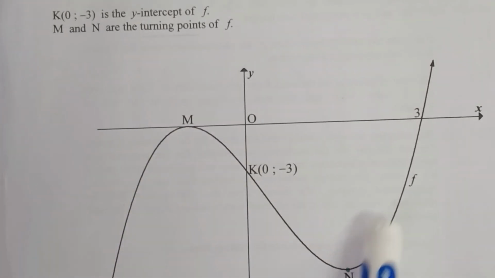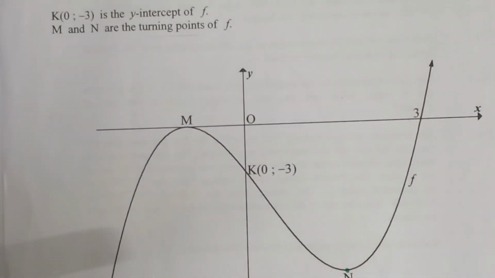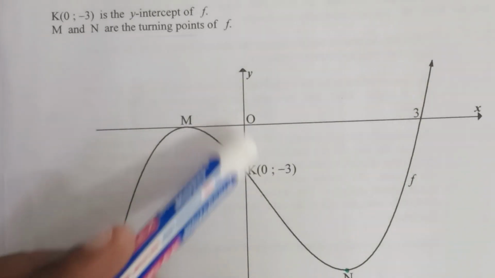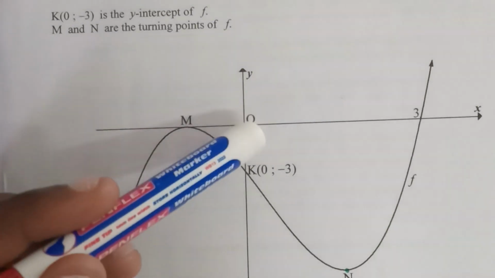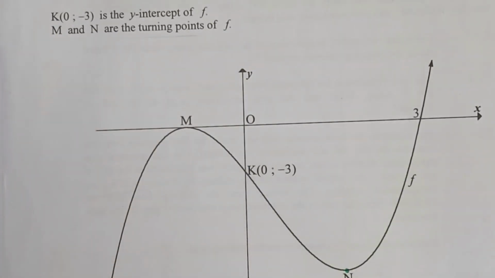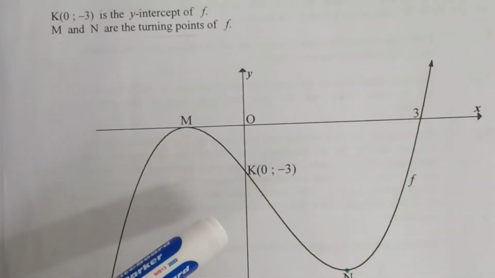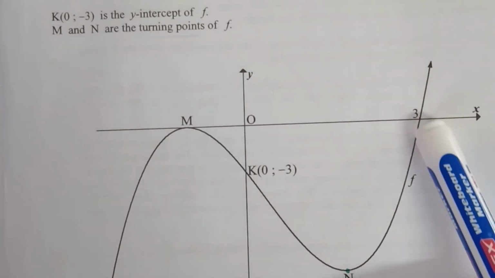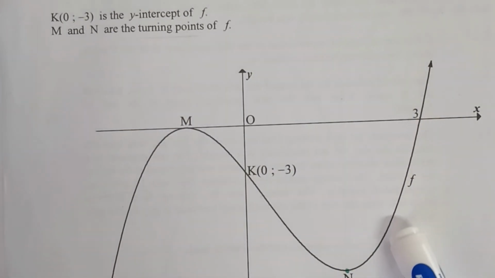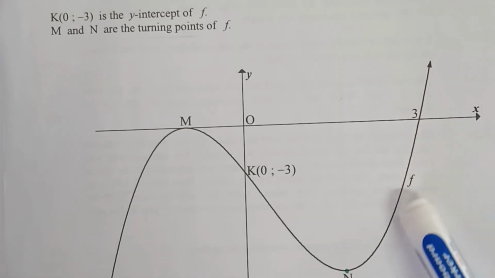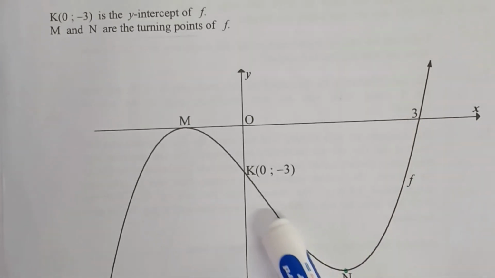So this is our graph. They ask us about the values of x for which f of x is less than 0. It means that when it's less than 0, mind you, it's negative, it's below 0. Let's look at the values of x for which this is negative. Our graph here is negative, our y values are negative.